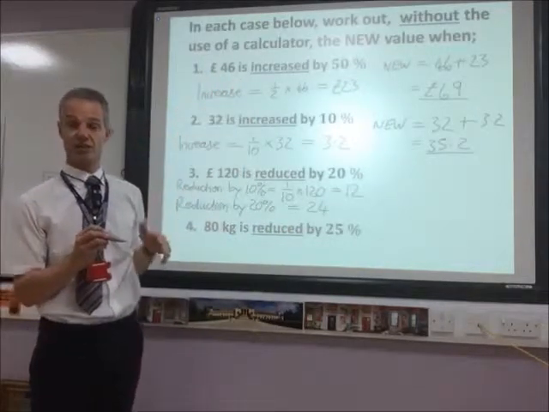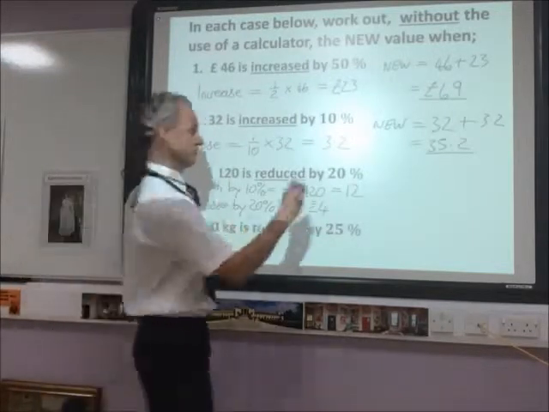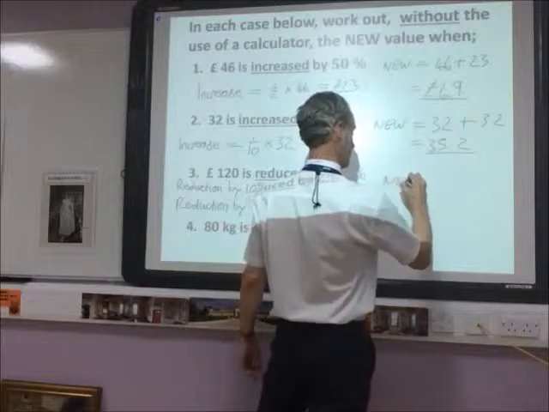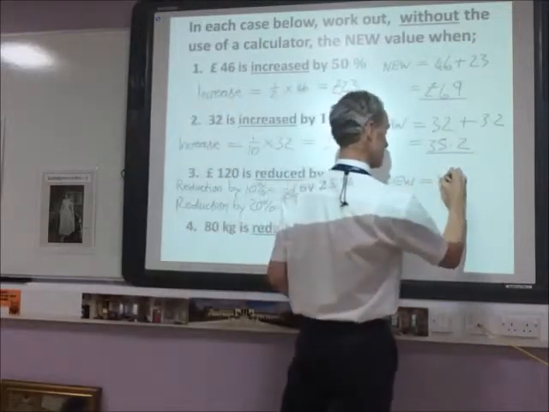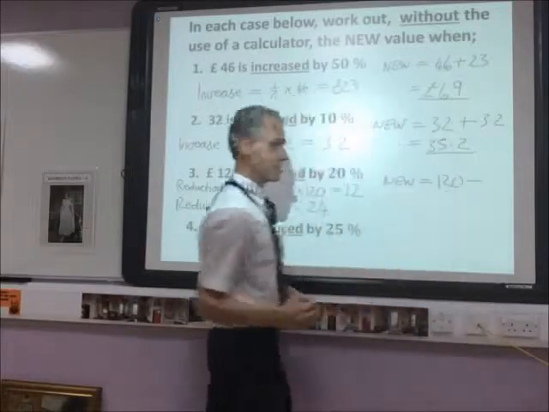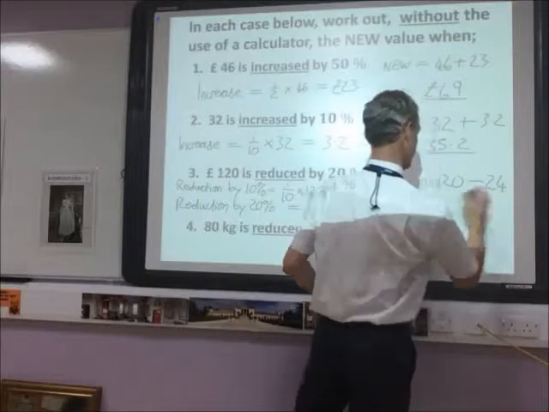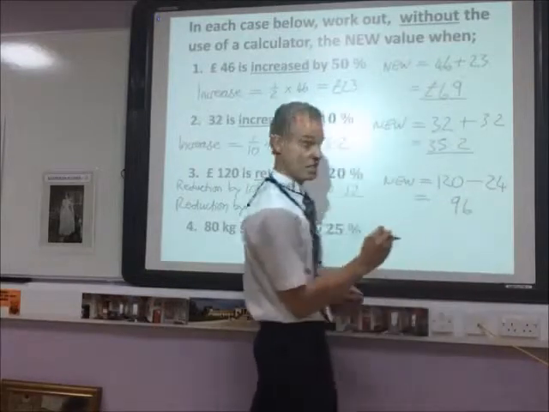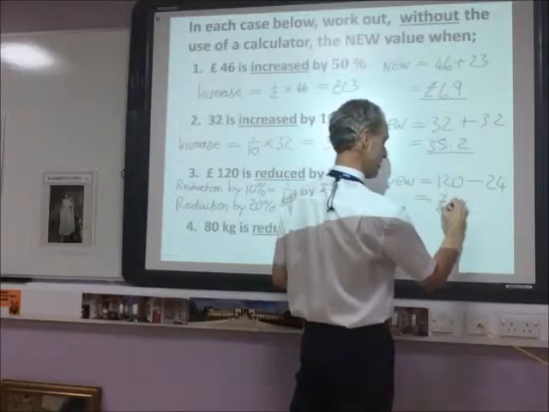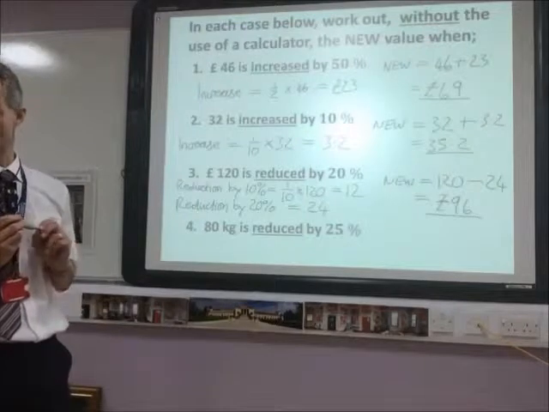So to get the new value, I'll start with the original value and I'll take off the reduction. So my new value is the original value at 120. Take off the reduction, so that's 24. And I'm left with 96, but don't forget the units, pound notes. So my final answer, the new value is now £96.